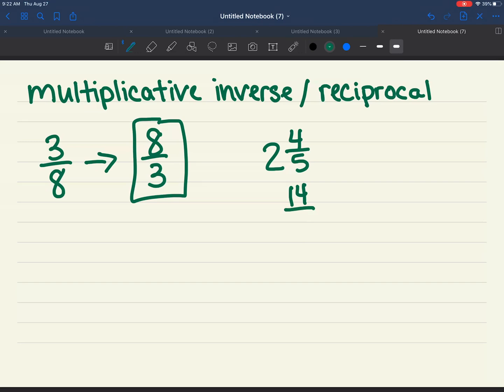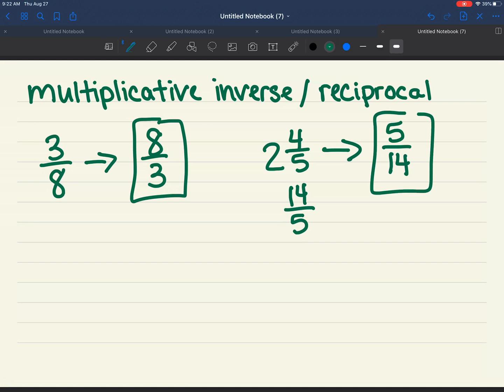So that is actually 14 over 5, so if I take the reciprocal or the multiplicative inverse, I would get 5 over 14. Okay, so just be careful on those. I have seen people just say it's 2 5/4. All right, that does not come out the same. Okay, so make sure you flip it to an improper fraction first.